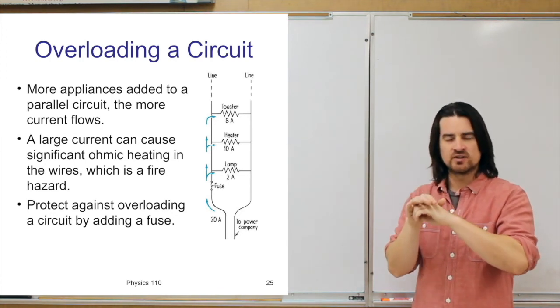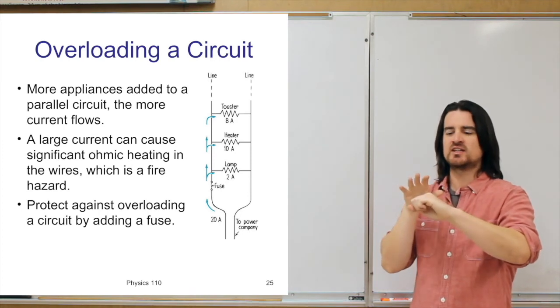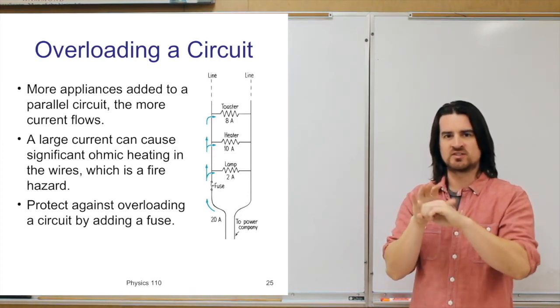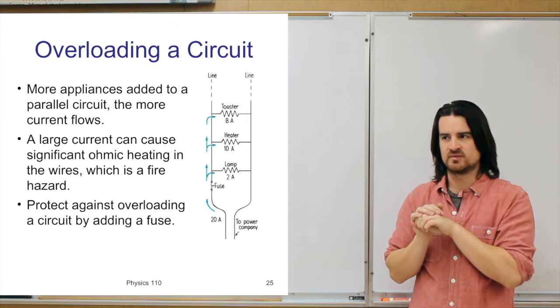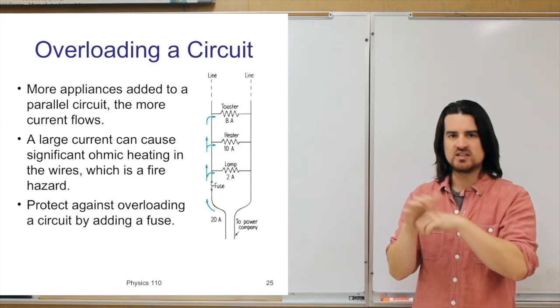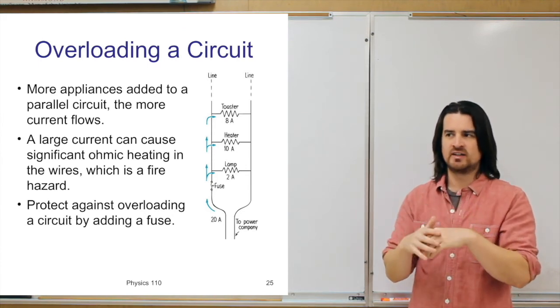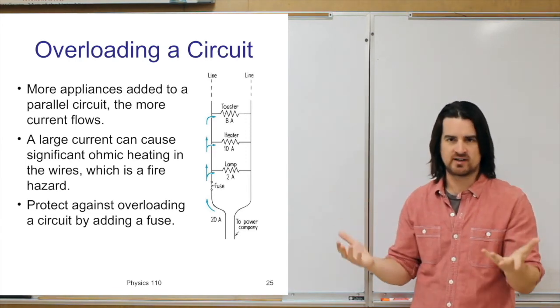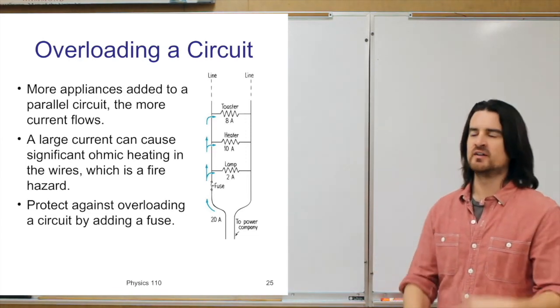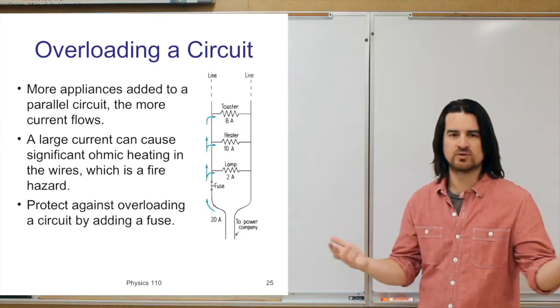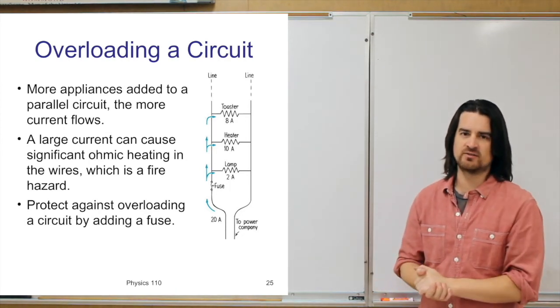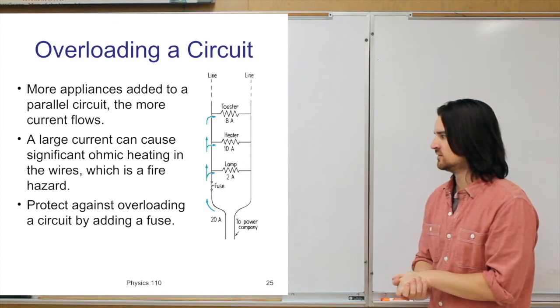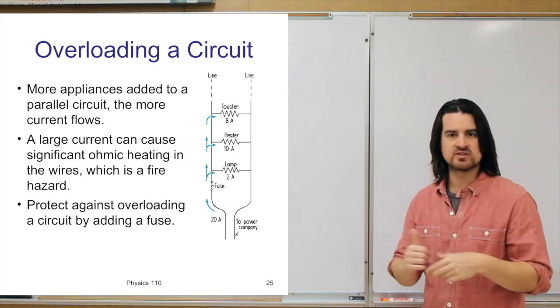And if it's a lot of current, then those electrons are going very fast. They're going to heat up that wire by smashing into all the atoms that make it up and the insulation around it. Heat it up enough, you can melt that wiring and spark to something else. You can cause an arc to something, you can cause a fire. So we don't want incredible amounts of current to be flowing through our house, essentially for that reason. This is why we have things like fuses and circuit breakers.